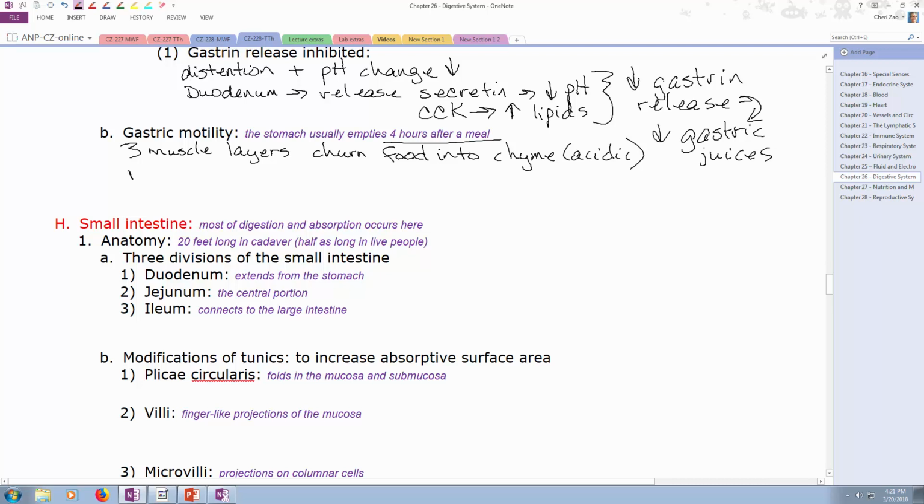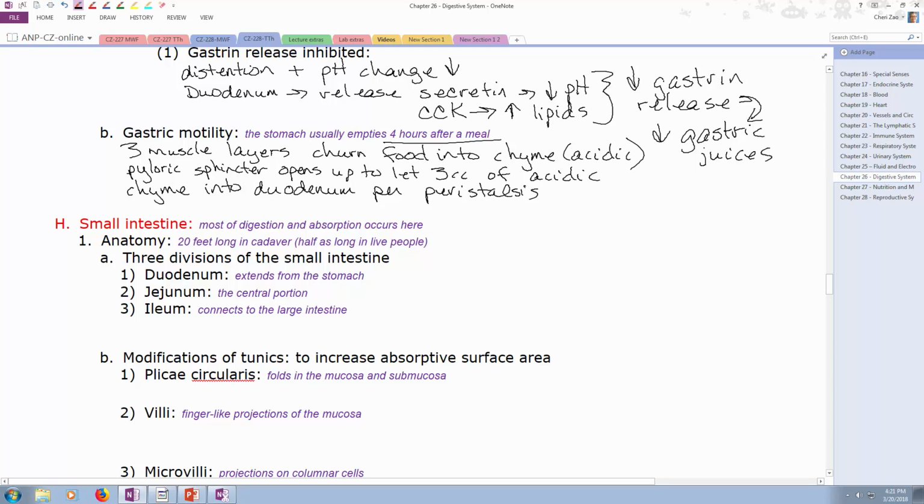And then our pyloric sphincter opens up to let just 3 cc's of acidic chyme into the duodenum at a time, let's say per peristalsis.